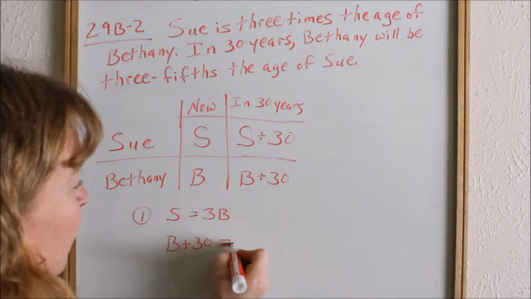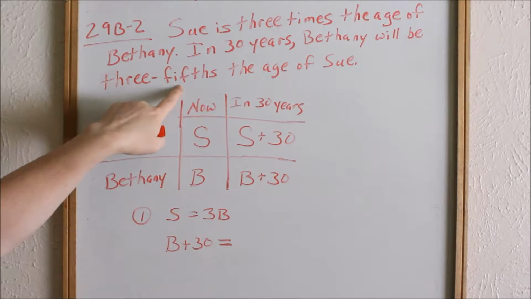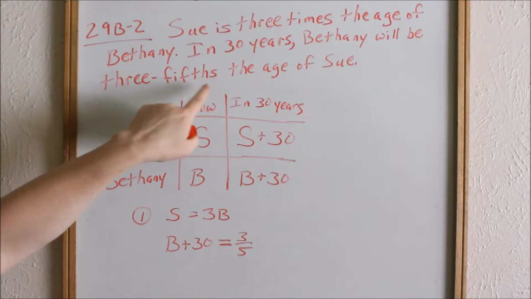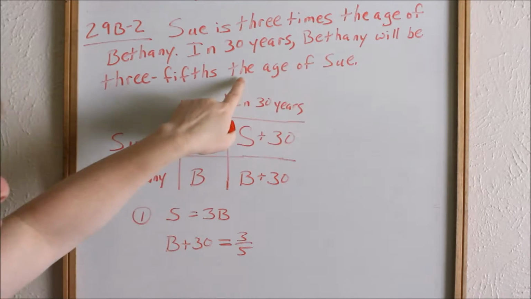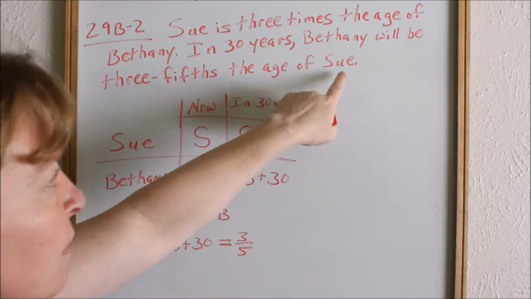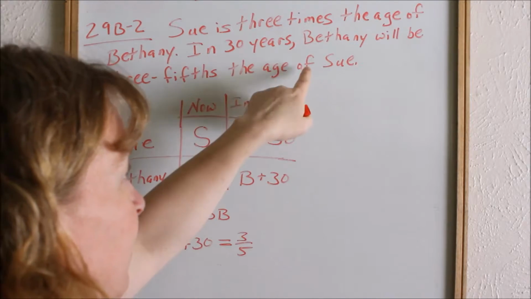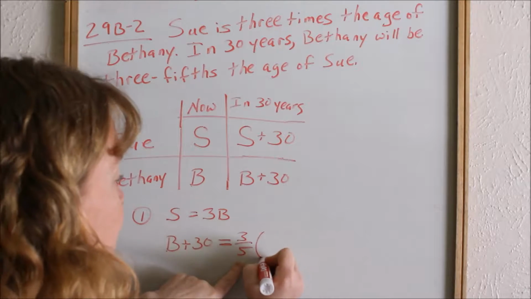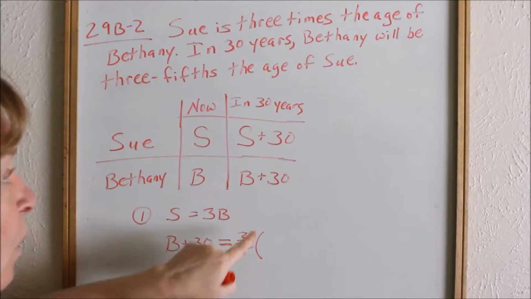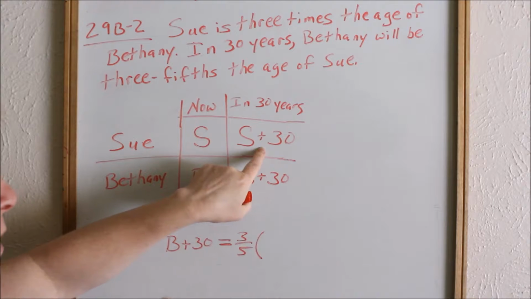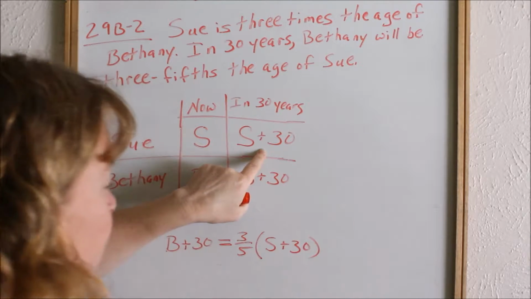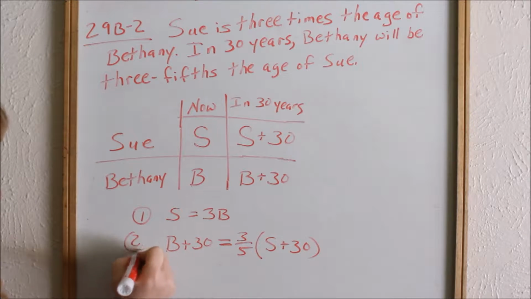Bethany equals 3/5. How do I write 3/5? 3/5. The age of Sue. 3/5 of Sue. What does of mean in math? Multiply. 3/5 times Sue. How old is Sue in 30 years? Remember, this whole sentence is having to do with in 30 years. So here's Sue in 30 years. Now here's my second equation.